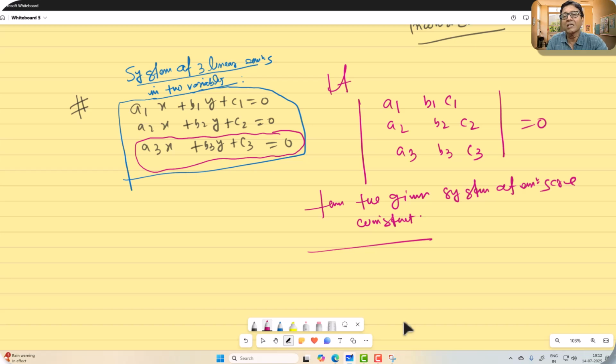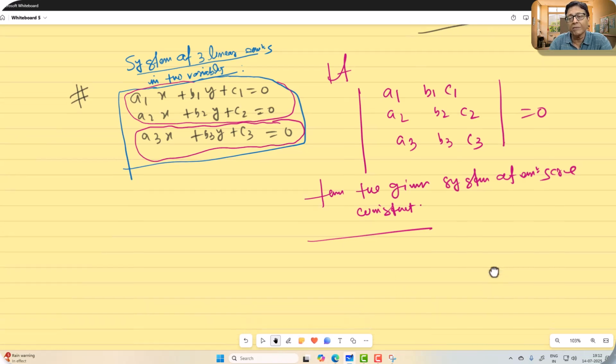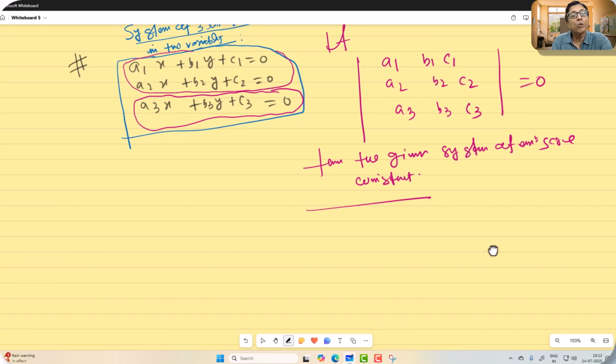Sometimes this is asked in exams, and here a very common method is there to prove it. You solve these 2 equations by the method of cross multiplication, by determinant, whatever. Then you put those 2 values of x and y here, you will get this condition.